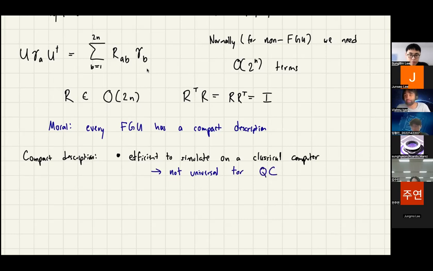You cannot make an arbitrary quantum unitary using a fermionic Gaussian unitary. If this were true, then quantum computers are just dumb, right? We could just write a program on our laptop and then we can make any quantum computer. So we'd better hope for every one of us to have a job in quantum computing that these are not universal for quantum computers, okay?